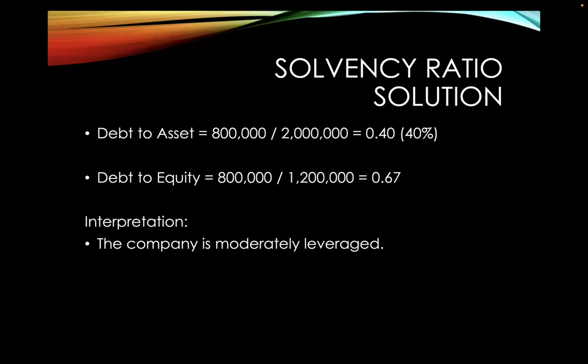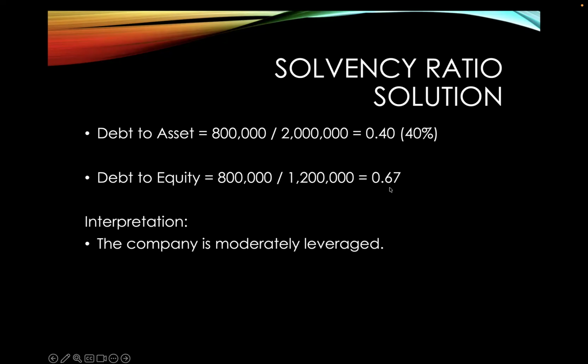Then debt to equity: total debt again is 800,000 and your total equity is 1.2 million. So that's 800,000 over 1.2 million, so that's 0.67.